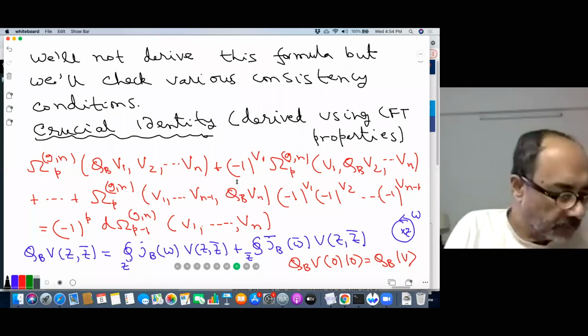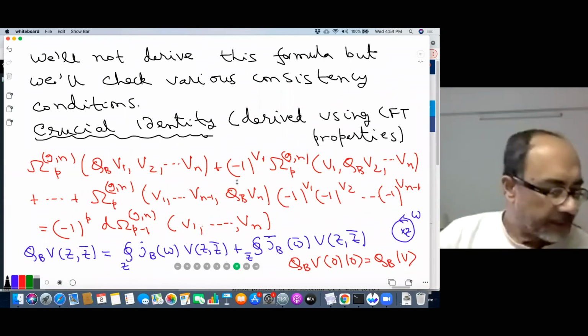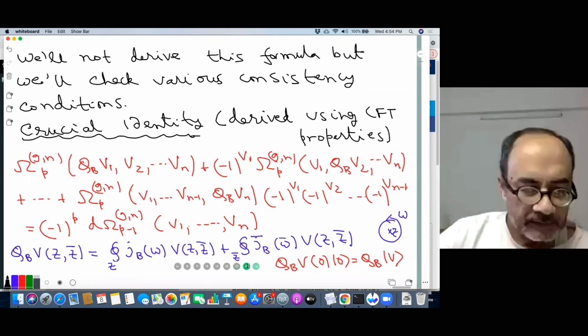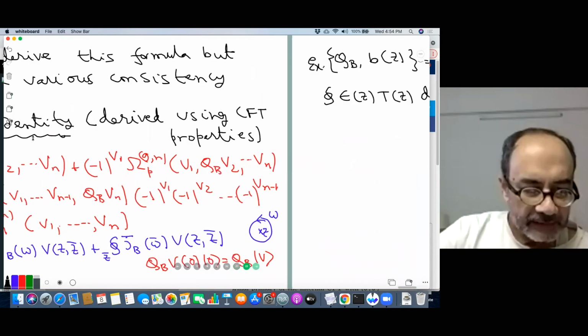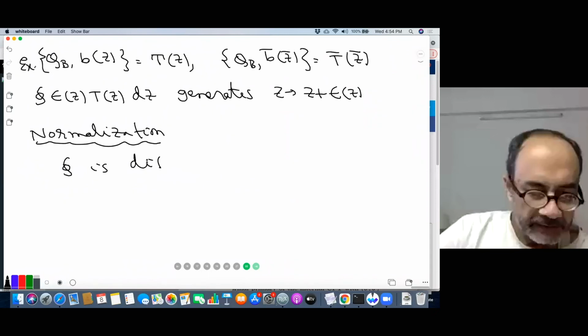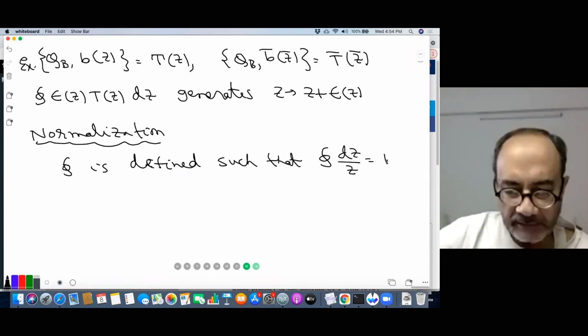The other point I want to emphasize is the normalization of this integral, which I have introduced earlier also. The normalization is that this integral is defined such that the integral of dz over z is 1 and the integral of dz bar over z bar is 1.